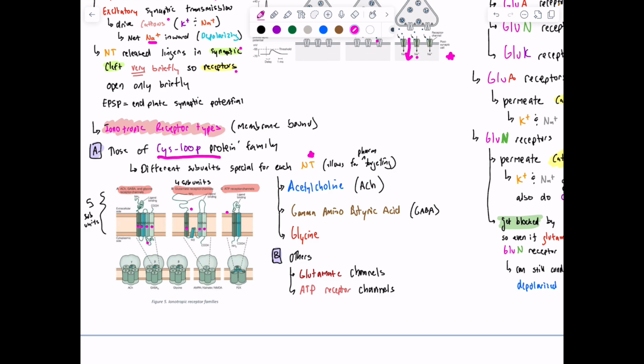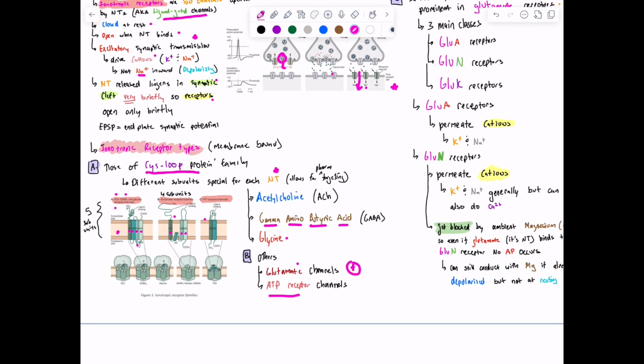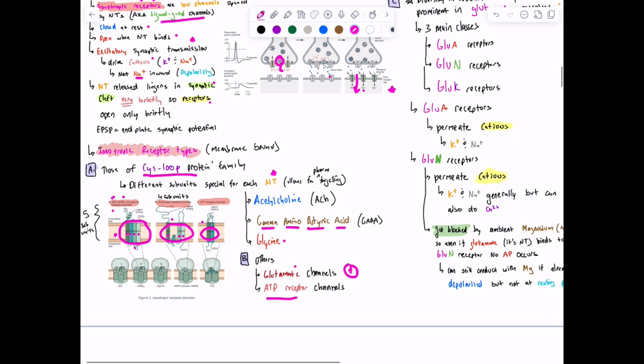And so here you can see ones for acetylcholine, GABA, which we'll talk about as sort of an inhibitory neurotransmitter. GABA stands for gamma aminobutyric acid, and then glycine, another neurotransmitter. And then you have glutamate channels, and remember glutamate is our primary neurotransmitter in the central nervous system, and then we have ATP receptor channels. But notice how they all just sort of differ in their subunits, but acetylcholine and GABA are very similar.